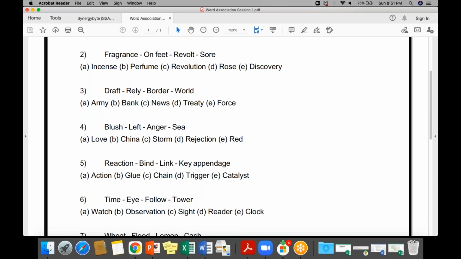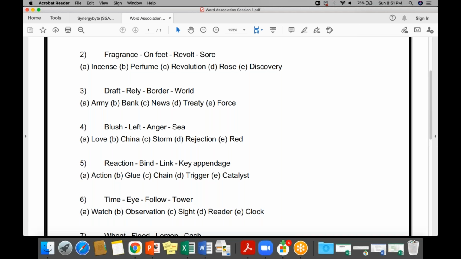I could understand that blush is related with red, anger is related with red, red sea, so sea is also related with red. What is the color of the left wing? Red. Exactly.